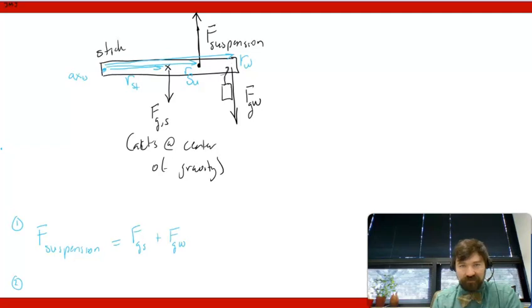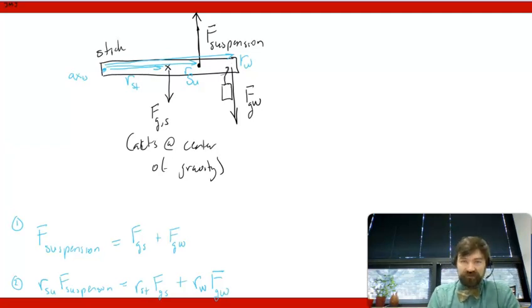And so looking at this, I would basically have R suspension times F suspension must be equal to R stick times the weight of the stick plus R of the hanging weight times F of the hanging weight.